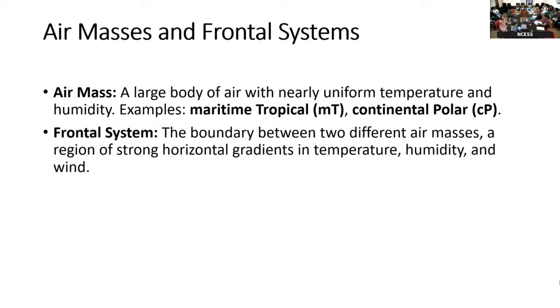The frontal system is basically the boundary between two different air masses. If two different air masses come together, there will be a strong change of properties between their boundaries. That is called a front, a region of strong horizontal gradients of properties: temperature, pressure, humidity, and wind.